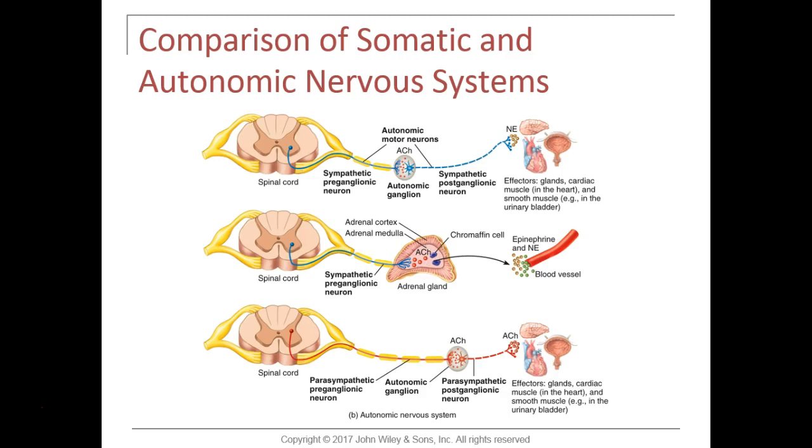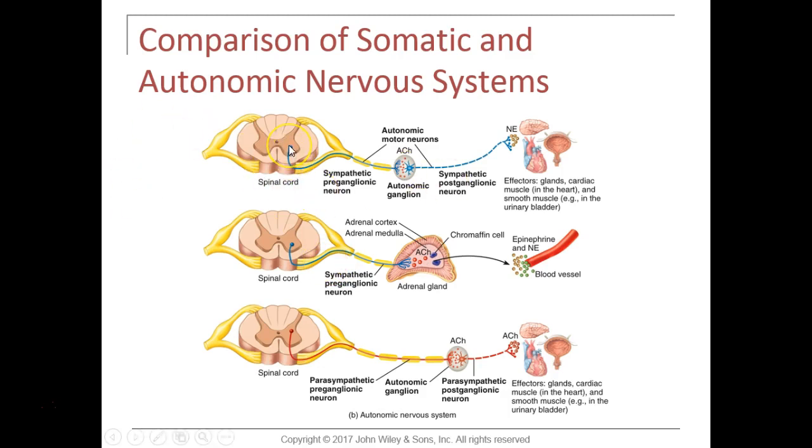So on this graphic, we can see the examples of the two major motor outputs of the autonomic nervous system, something called the sympathetic and something called the parasympathetic motor output. So the sympathetic motor output occurs in two ways.